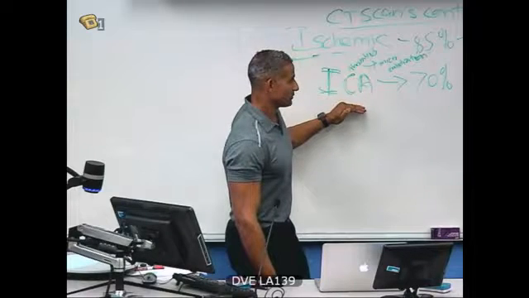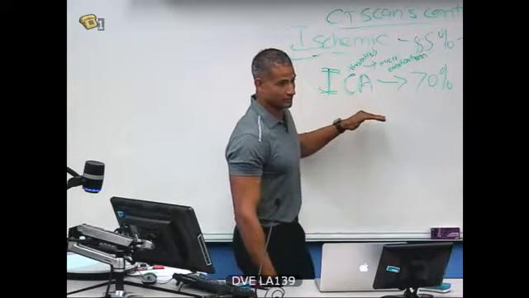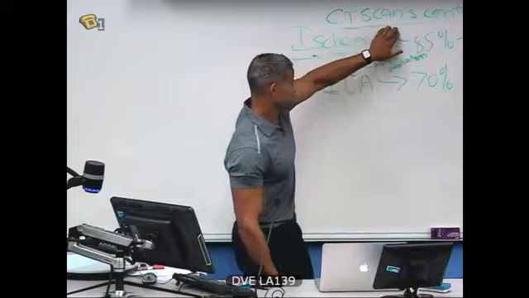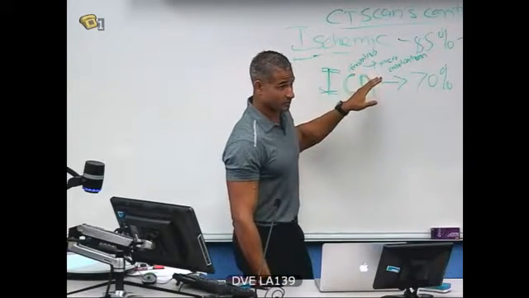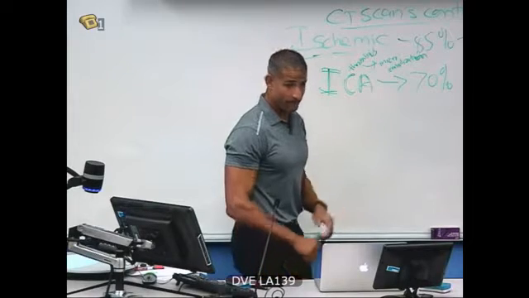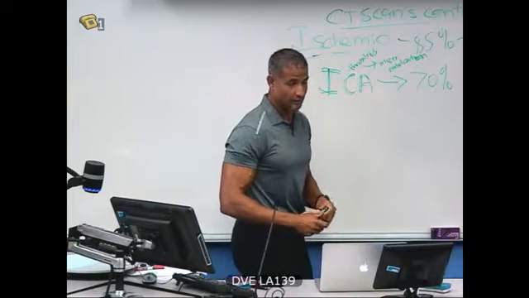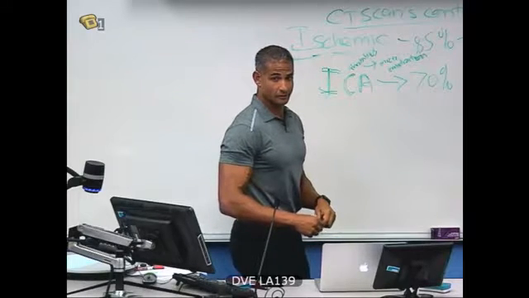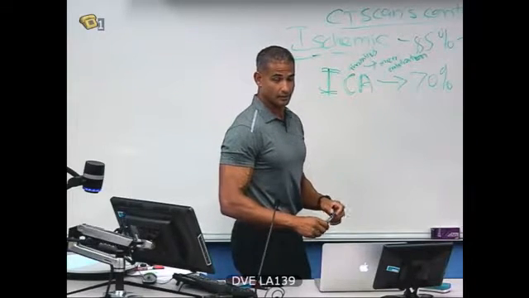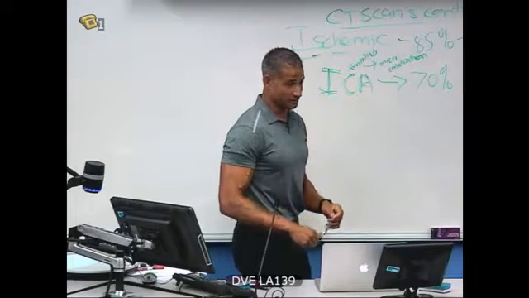That's why if you have someone come in, the first thing you're going to do is a CT scan. What are you going to do if you figure out it's an ischemic stroke? Is an ischemic stroke going to show in a CAT scan? No, it's not. Not in a million years.